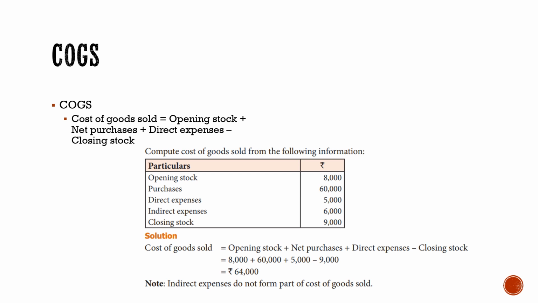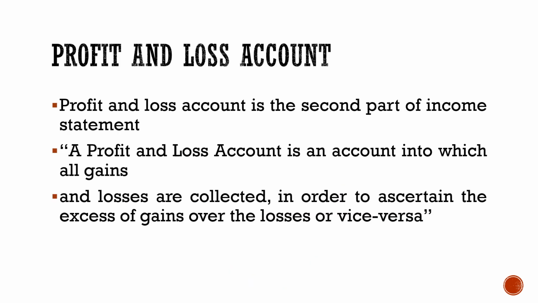They will give some values. Here we need only opening stock, closing stock, direct expense, and the net purchase. Sum these first three, then finally subtract the closing stock. So we should not take indirect expense, because indirect expense will not play a part in COGS.